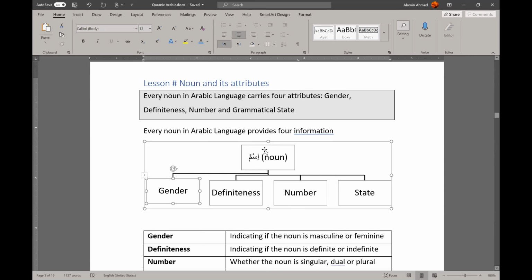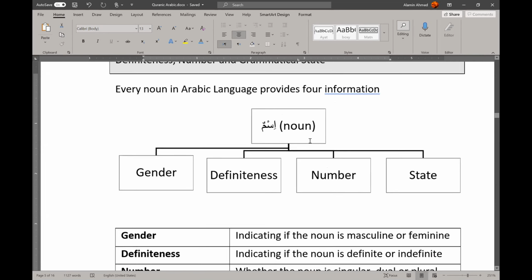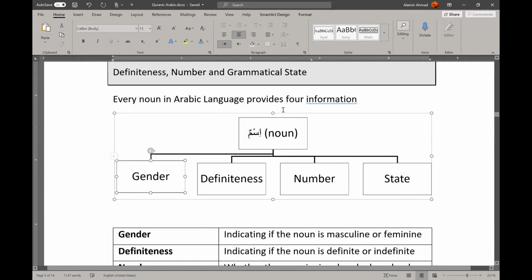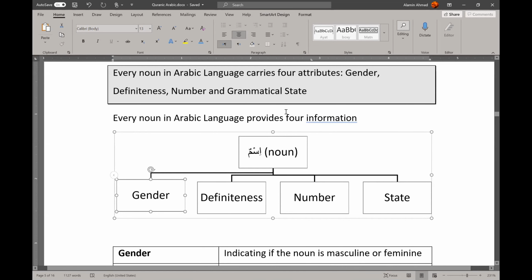Looking at a word, you have to know that it gives us four different pieces of information. We would know whether this noun is masculine or feminine, its gender. We would know whether it's definite or indefinite, singular or plural, and we'll know something about its grammar state.